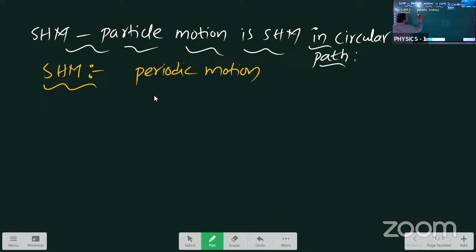One periodic motion with two conditions. One is to and fro motion. A motion we are calling simple harmonic motion means ordinary periodic motion with two special conditions. One is the to and fro motion.